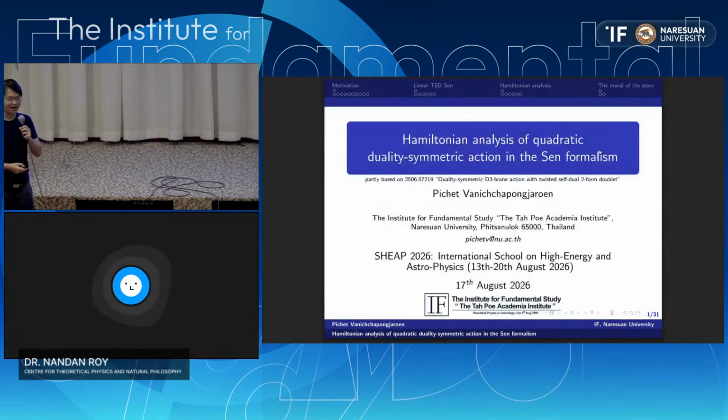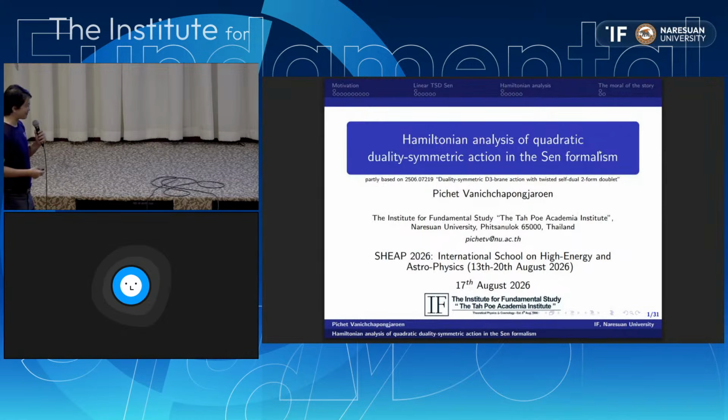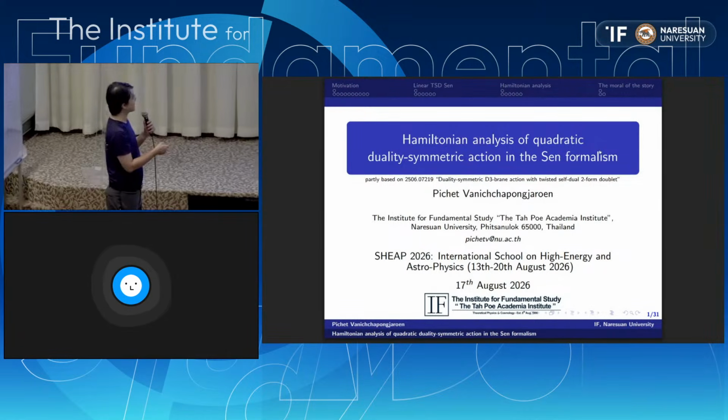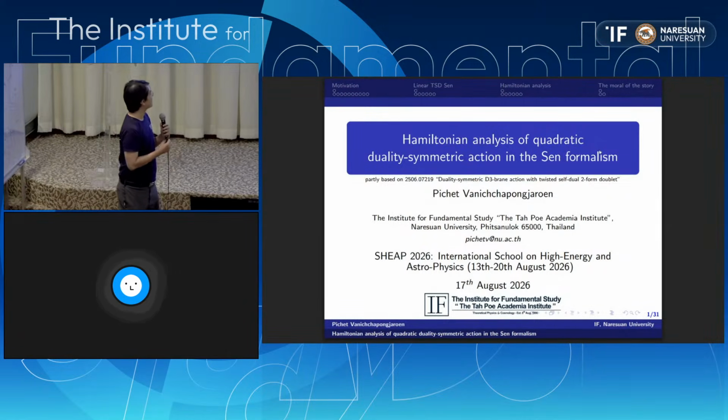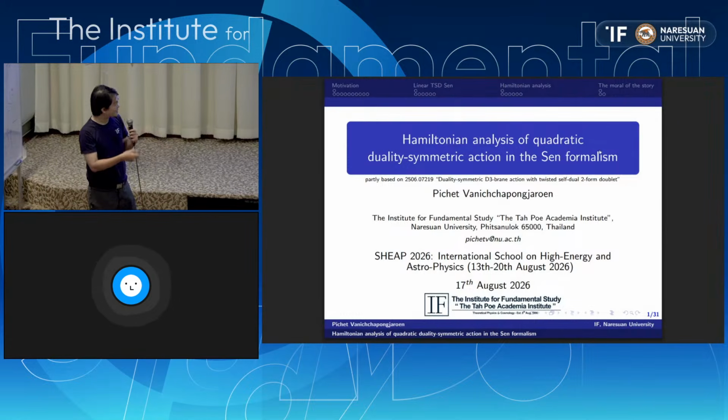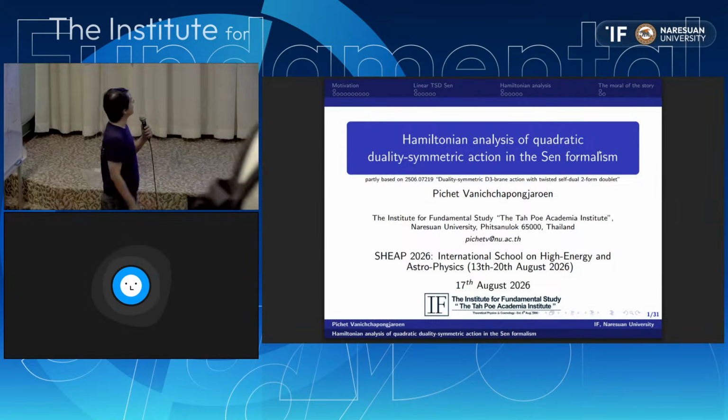Actually, I work in string theory, so I'm trying to look for something that might match or be related to this school. So I extracted part of my paper and give some detailed analysis on quadratic duality symmetric action.